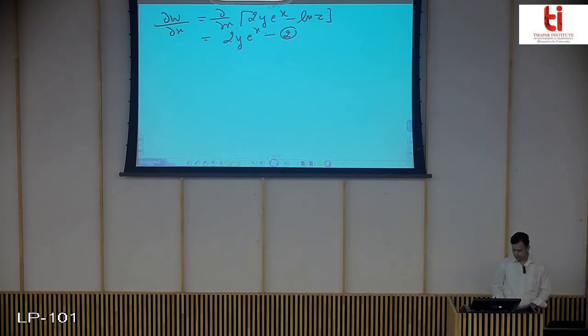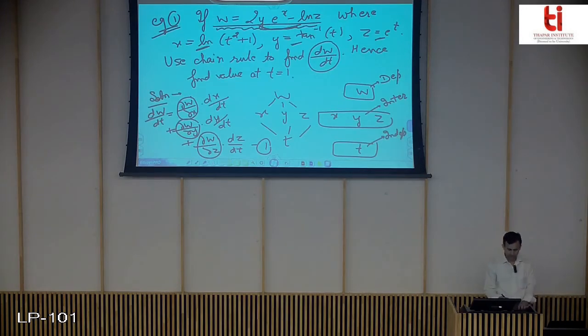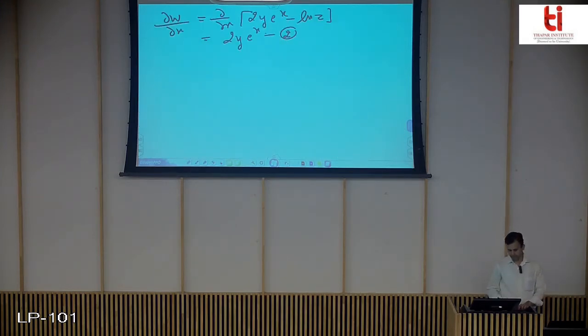Now since he is asking you dw by dt, that is the answer that should be coming in the last. It should be in terms of variable t. So it is better, when we are finding this, we just convert x, y, z into t.